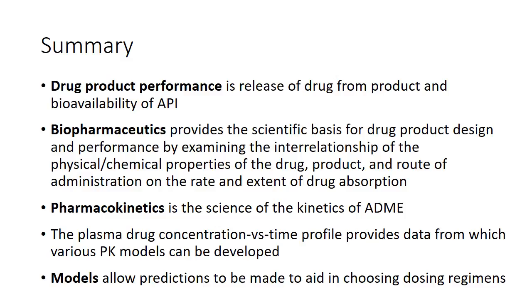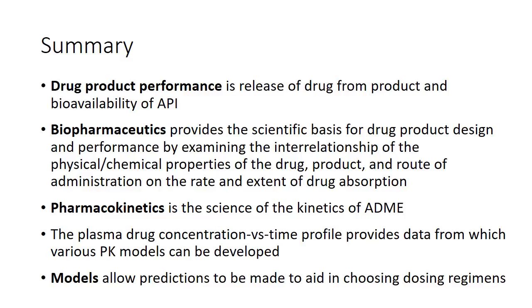So in summary, drug product performance is considered the release of the drug from the product and bioavailability of the active pharmaceutical ingredient. Biopharmaceutics provides a scientific basis for drug product design and performance by examining the interrelationship of the physical chemical properties of the drug, the product, and the route of administration on the rate and extent of drug absorption.